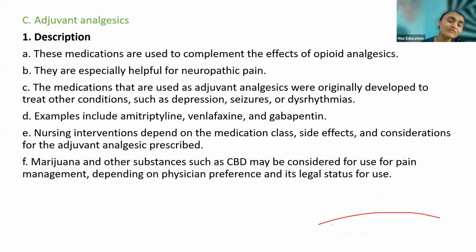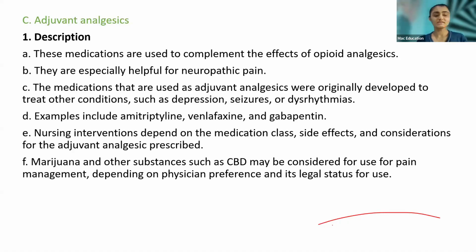What is the antidote for opioid overdose? Naloxone. And what will you require extra, other than naloxone, in an overdose? Oxygen therapy and resuscitation equipment available. Yes, you have to provide oxygen because of bradypnea, and you have to keep the resuscitation equipment readily available.